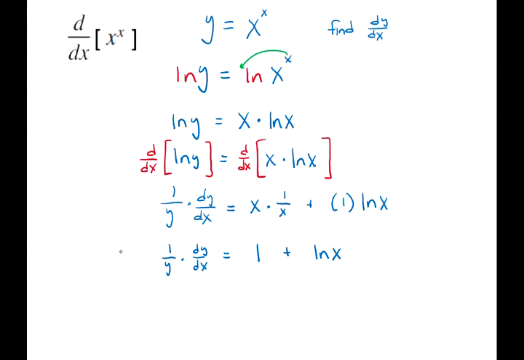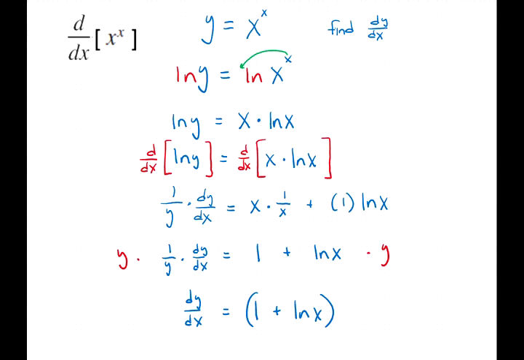Now let's multiply both sides by y, so I'll isolate the dy dx. So dy over dx is equal to 1 plus the natural log of x, times y.